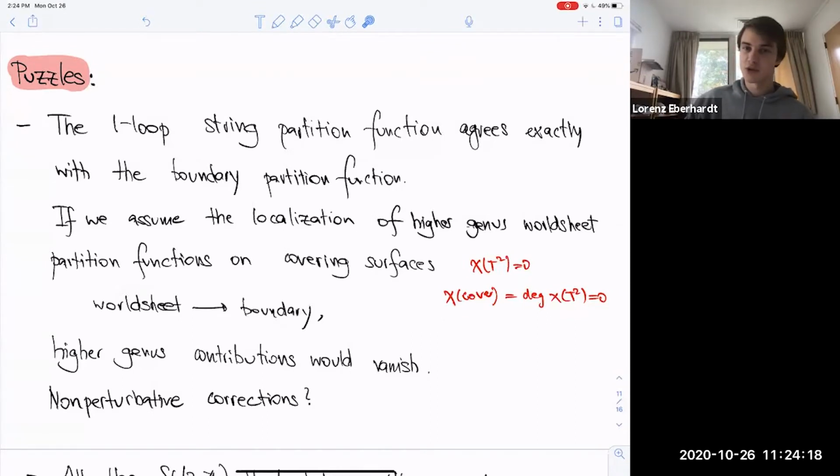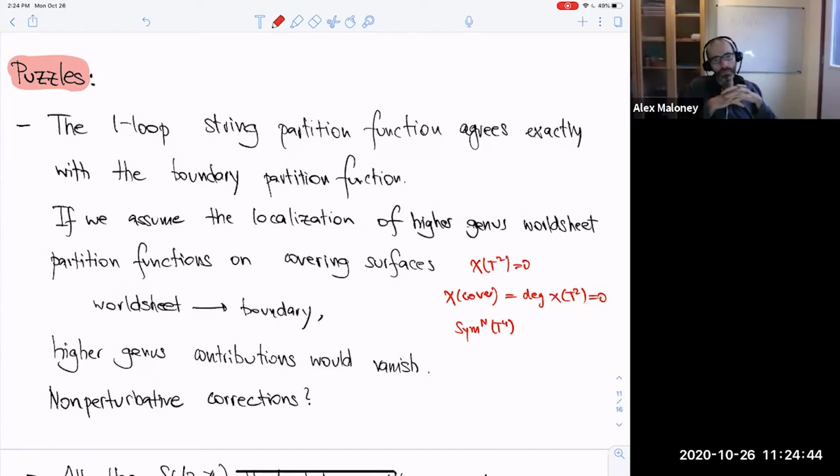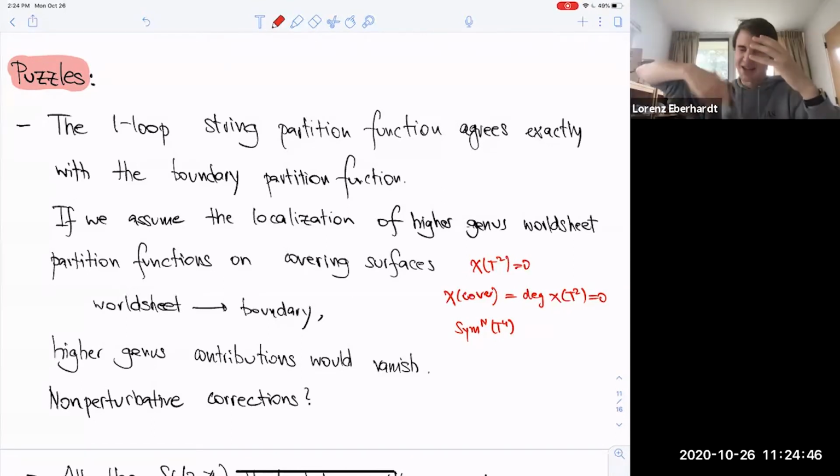And maybe the worst of all is backreaction. So we're talking about some strings here that can be super long. So these are strings that can wind, basically. In the symmetric orbifold of T4, we have in particular string states that correspond to strings that wind n times around the boundary, but they are only one string.